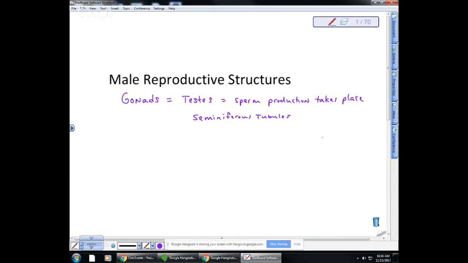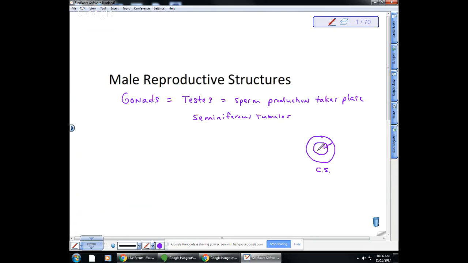So if I look at a cross-section of a seminiferous tubule, it has a lining of tissue, of cells, and as you go from the outside to the inside, this is how the sperm are developed. On the outside, that is where a special type of cell division, which is called meiosis, occurs. And then the sperm will mature as they move towards the inside of the lumen.